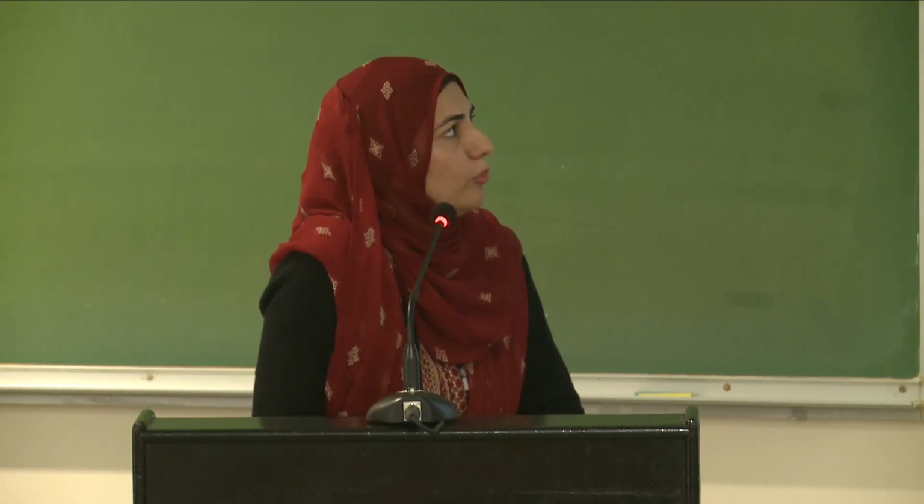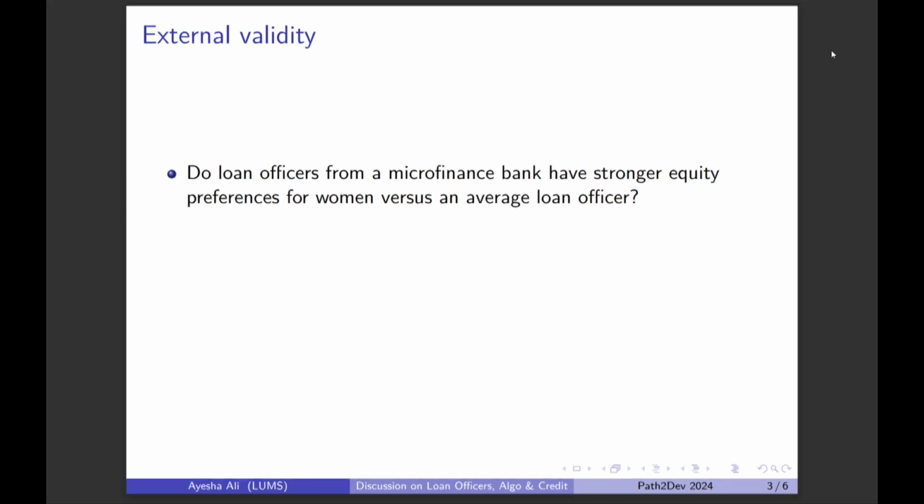But I do encourage you to think of external validity, in particular the human treatment, where you're using loan officers from a microfinance bank. And one wonders whether loan officers from microfinance banks have more equity preference towards women than an average loan officer, which you might find in a non-microfinance bank. So that's one key comment.